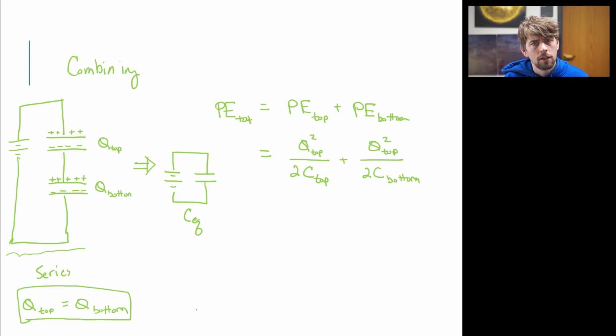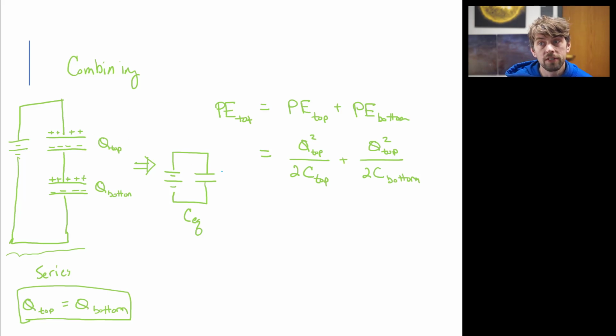And the question is, what must the value of my equivalent capacitor be so that this circuit on the right-hand side stores the exact same amount of energy as the circuit on the left-hand side? That's the question that we want to answer.